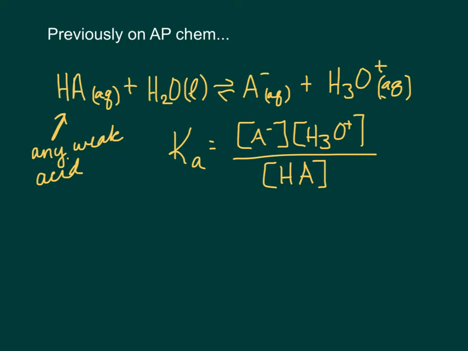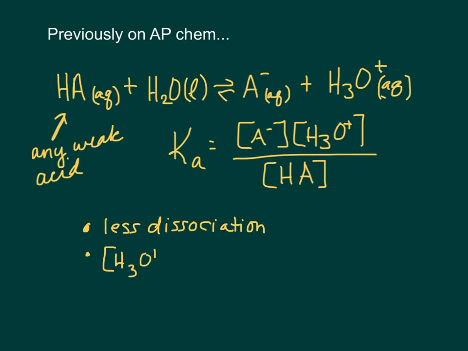To add to some of this, just FYI, the weaker the acid, so the weaker the weak acid, a few things happen. We get less dissociation. Our hydronium ion concentration is lower, and the pH is higher.